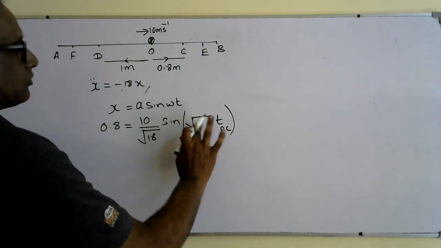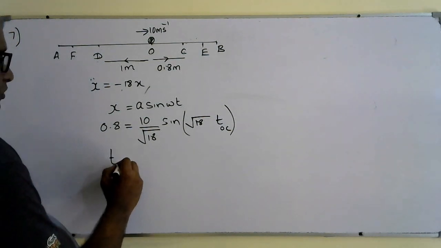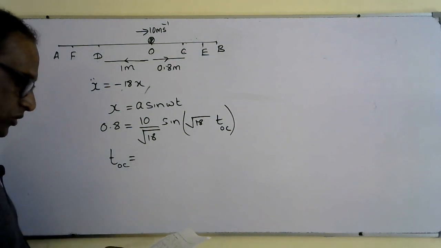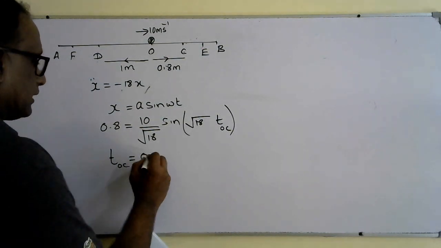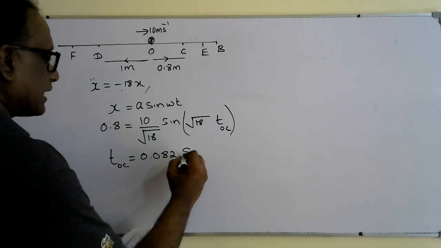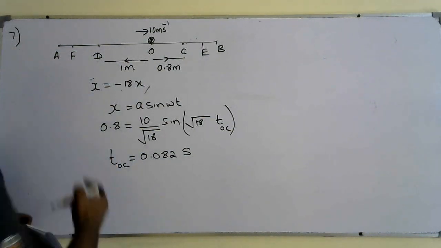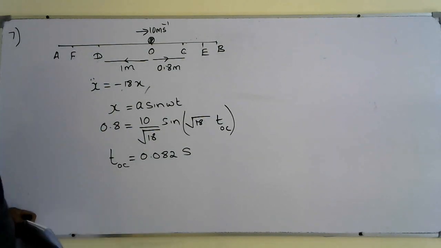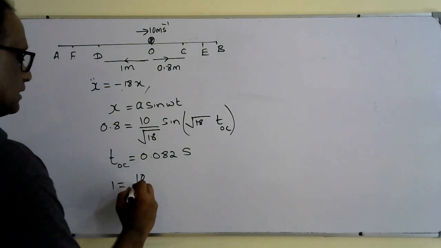So keep your calculator in radian mode and find TOC. So TOC you will get 0.082 seconds.